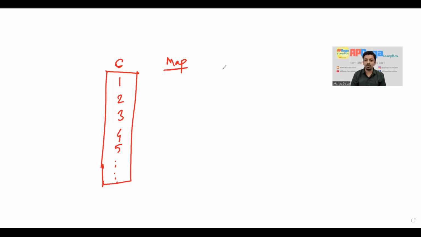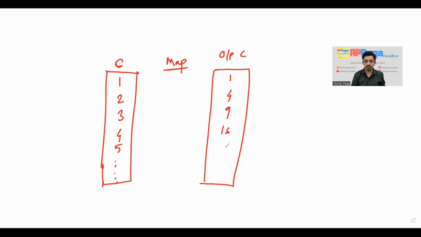Let's say we want to map it to these values. The output will be like this. This is the output collection, and the values are like, let's say 1, then 4, then 9, then 16, then 25 and so on. So mathematically from logic you get to know that each element from collection C got mapped to one element in the output collection, right?